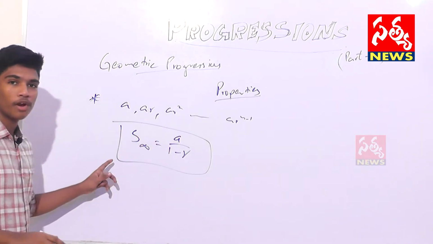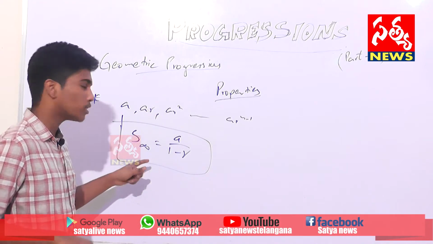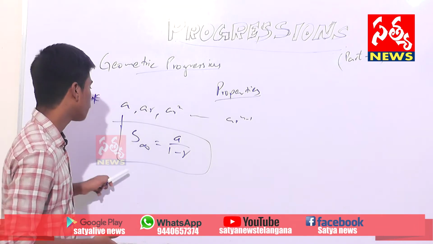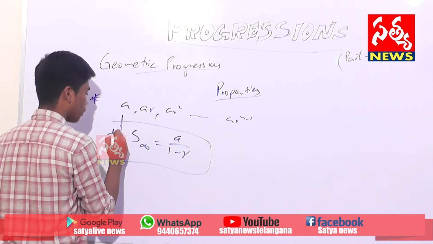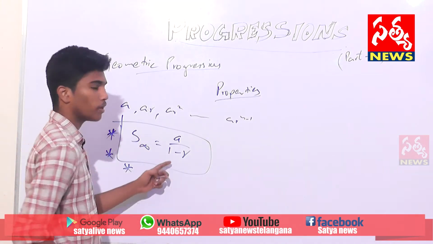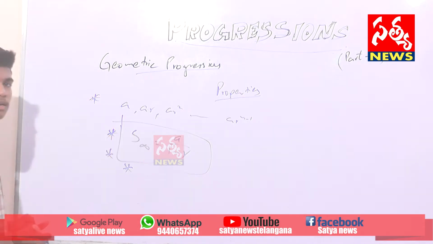See, this is a very important formula. Not only in progressions, in many chapters this formula is applicable, like integrations and etc. Must remember this formula: S of infinity is equal to a by 1 minus r. Please take a note. We'll solve problems now.